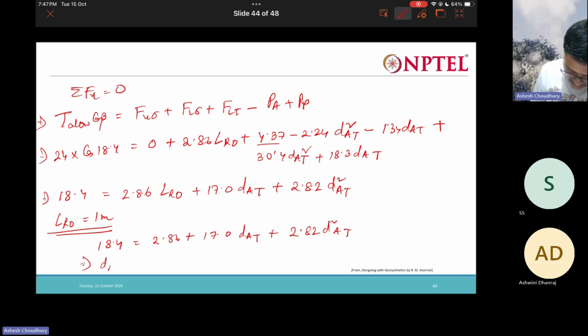From here d_AT will be 0.57 meters. So this much d_AT you are getting for LR naught.